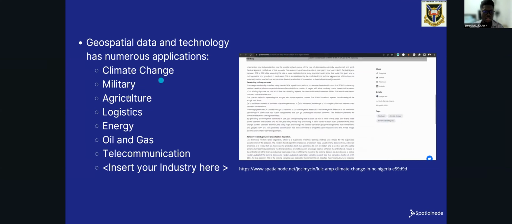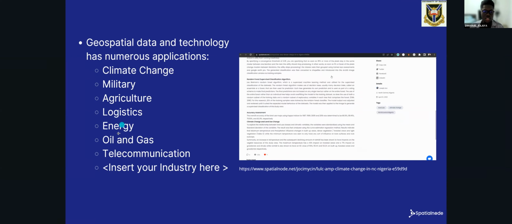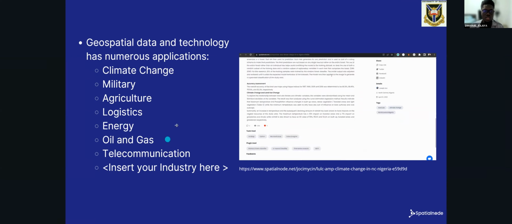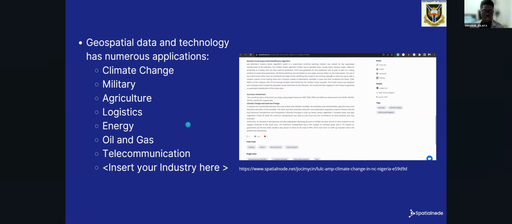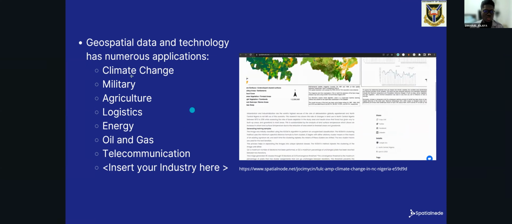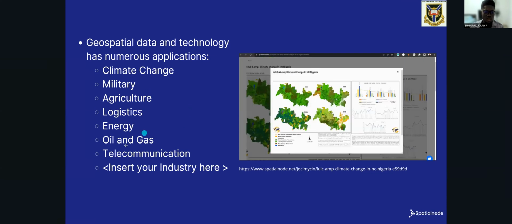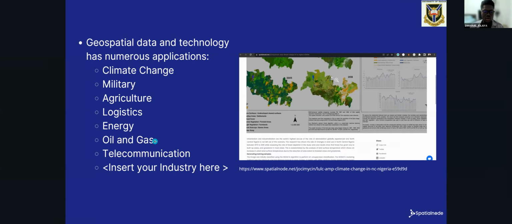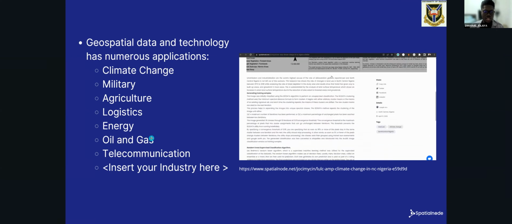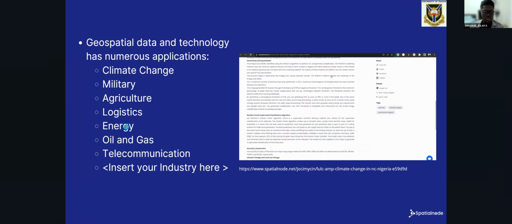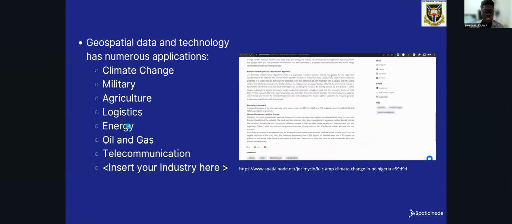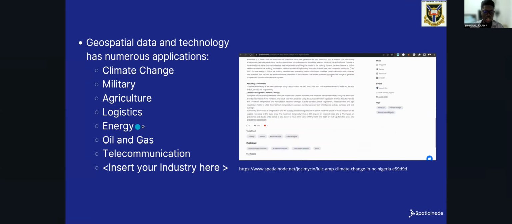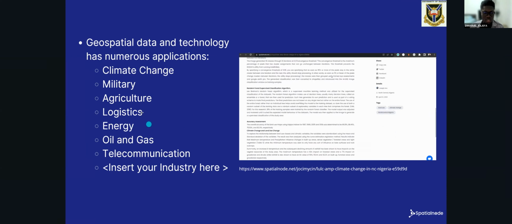Military, climate change, agriculture, logistics, energy, oil and gas, telecommunication. No industry is excluded, because everything has geospatial data. Oil and gas companies have oil wells, and the oil wells are in a particular location on the Earth's surface. Energy has renewable energy plants and transmission lines, and these utilities are in particular places on the Earth's surface.